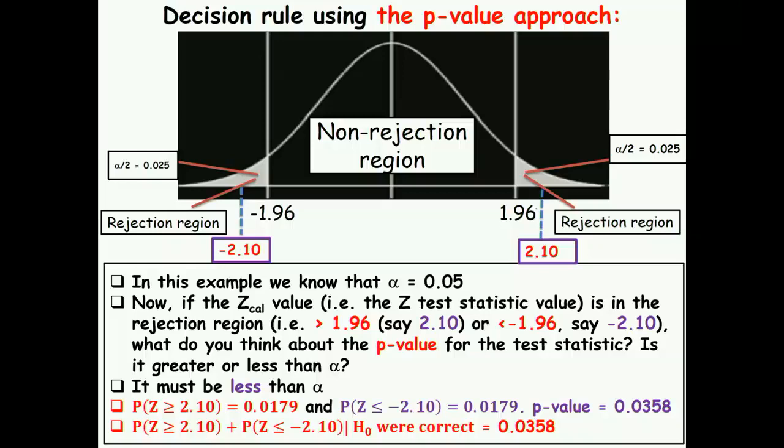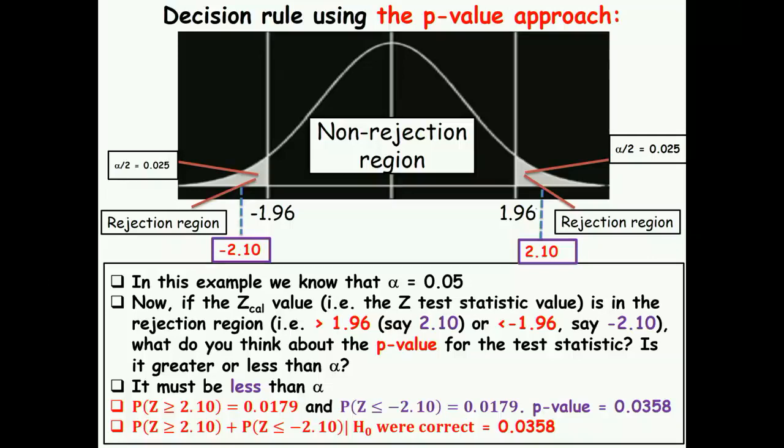What does p-value really mean? The p-value is saying the probability of z greater than or equal to 2.10 plus the probability of z less than minus 2.10, given that the null hypothesis were correct.